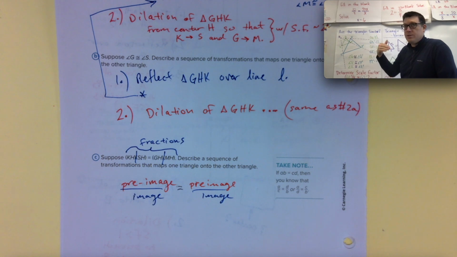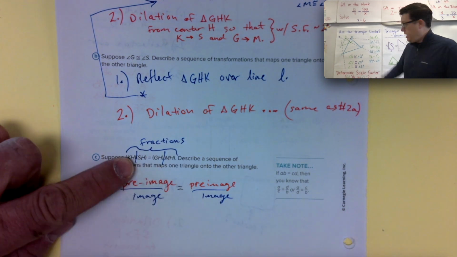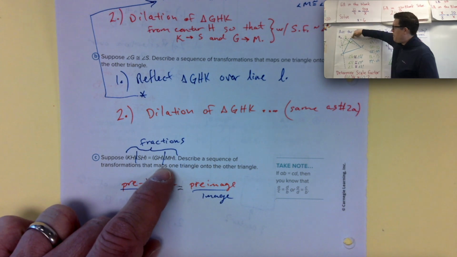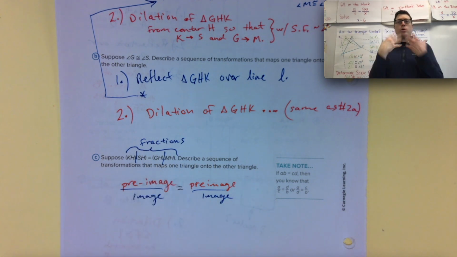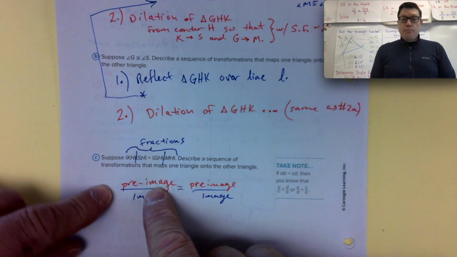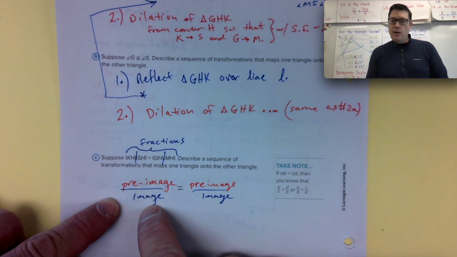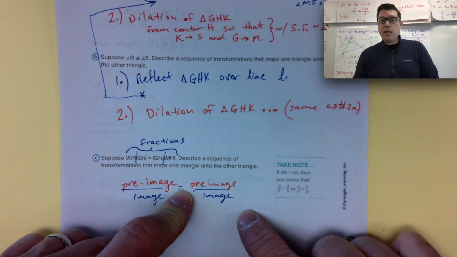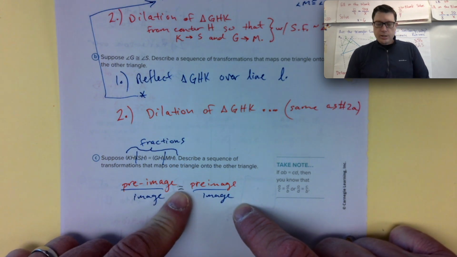And ratio is one way of expressing a fraction. So the fraction of matching sides, that one and that one, is going to be the same as the fraction of these two matching sides. What we're trying to show here is that you take the pre-image number and divide by the image number, and it's going to equal the pre-image number from another side divided by the image that it corresponds to on the other side.